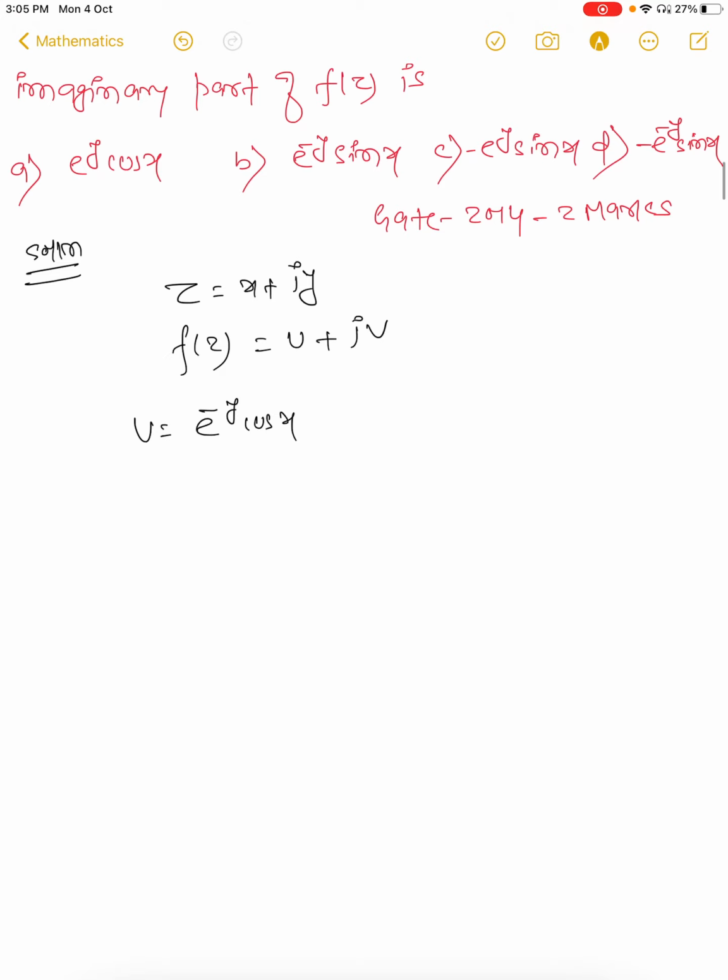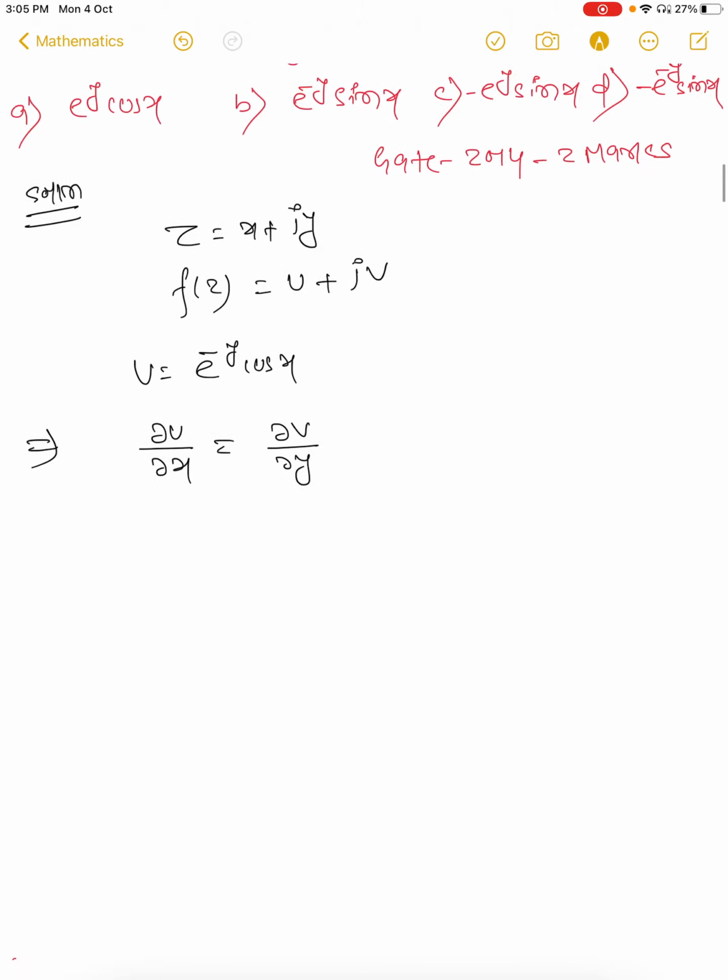For an analytic function we know that del u upon del x is equal to del v upon del y. So first of all we have to differentiate this one, and after that compare with del v upon del y.